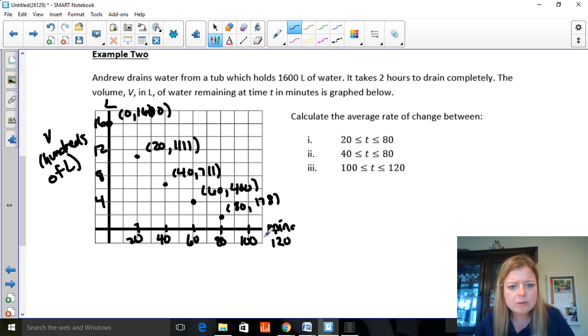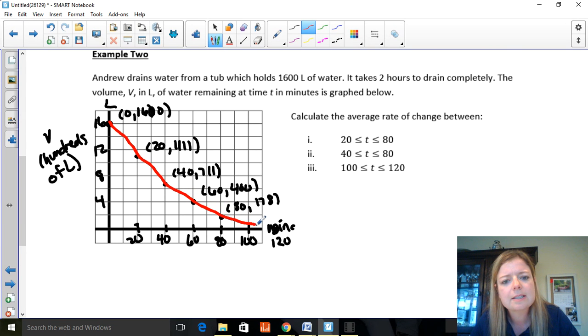And at 120, we're at nothing there. So it takes 120 minutes to drain, which is crazy, but okay. All right, so we can connect a smooth curve here. Hopefully yours is a bit smoother than mine here on the tablet.